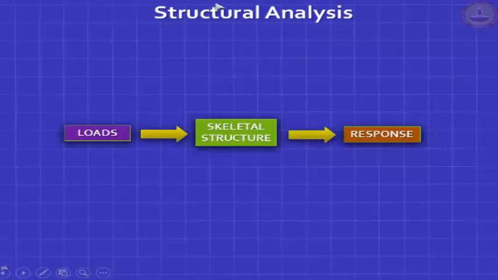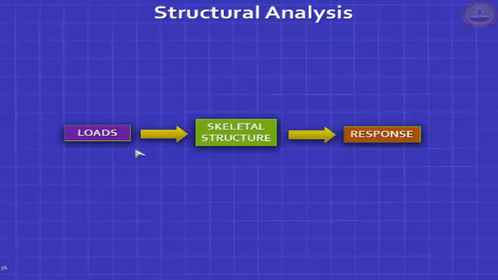Structural analysis is actually the application of structural mechanics to predict the response of a given structure when it is subjected to given loads. Normally, we worry about loads that are obtained due to gravity or due to wind or earthquake or soil pressures or live loads in bridges and buildings.